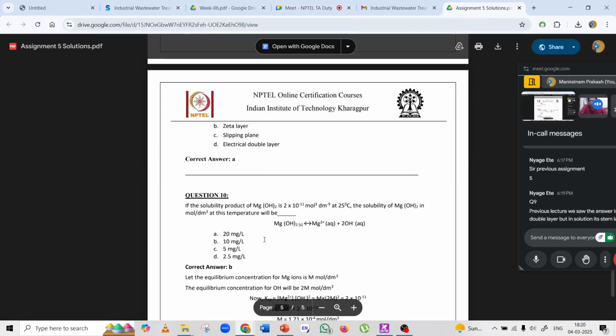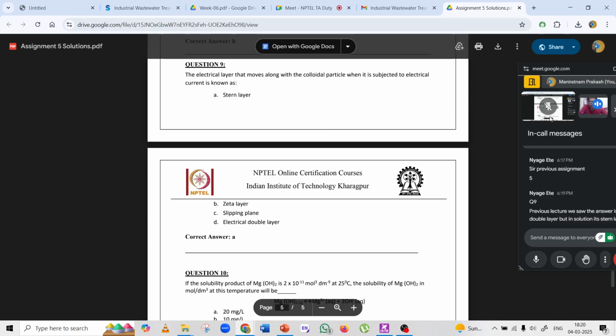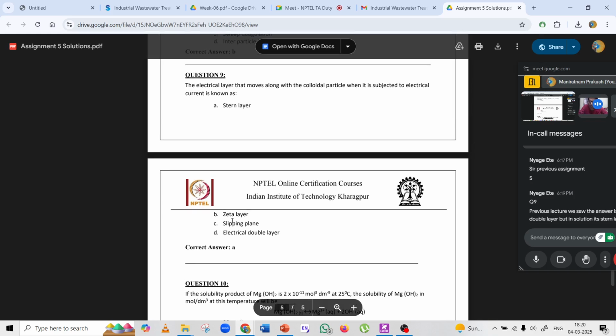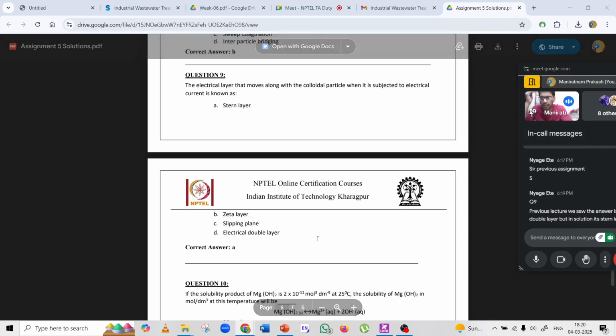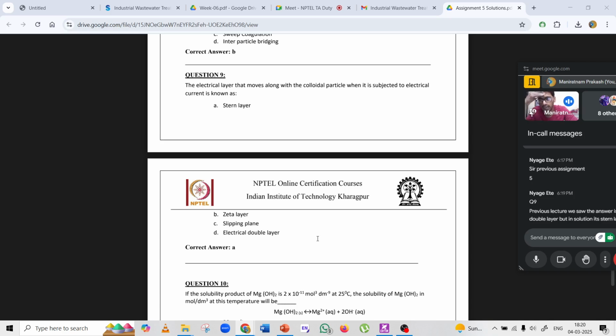Okay, so if you are saying they have given the answer as A, I think the answer will be D, electrical double layer. The answer given is incorrect, I think the correct answer will be D. Question number 9.